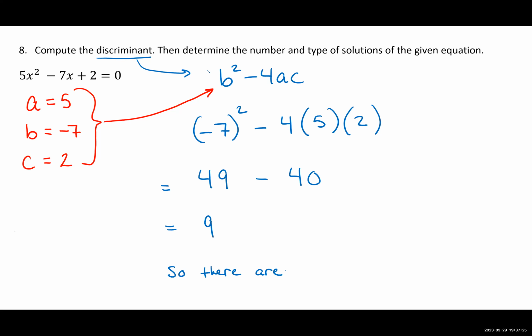We calculate the discriminant, we get a positive number. If it's positive, we say there are two solutions.